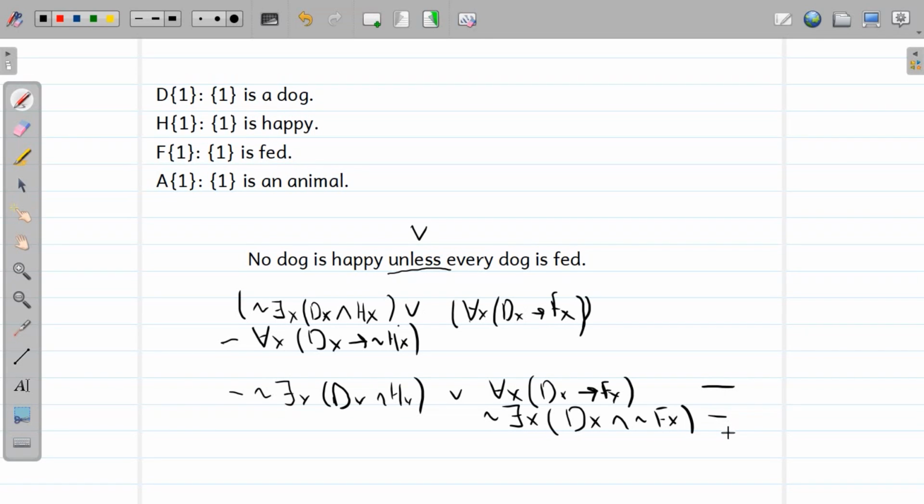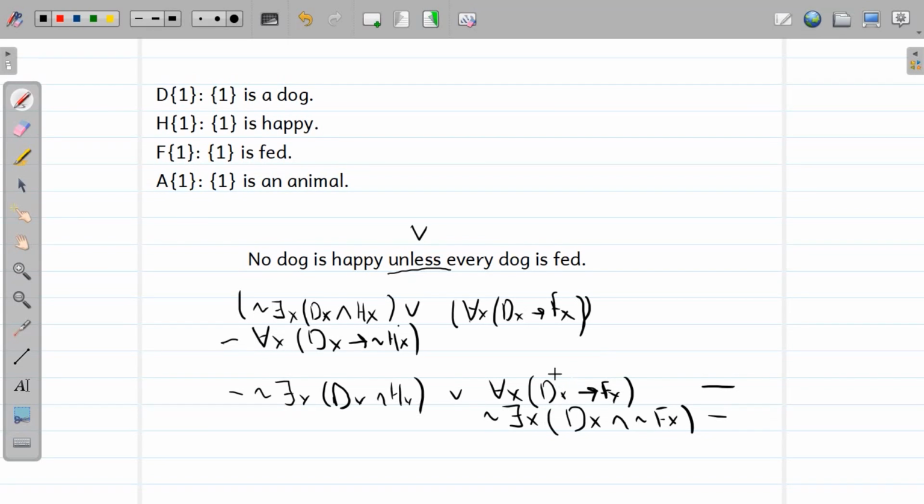We can't use a conjunction in the second half. You cannot say for all x, dx and fx, because that would say all objects in the universe are both dogs and fed. Venus is a dog and it's fed. Mercury is a dog and it's fed. My left shoe is a dog and it's fed.